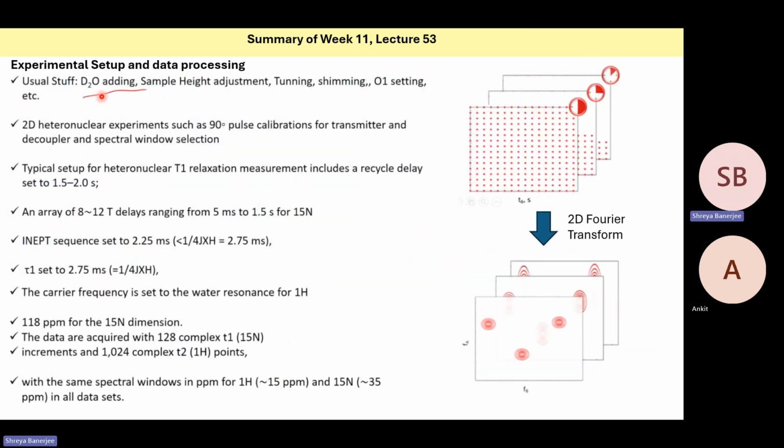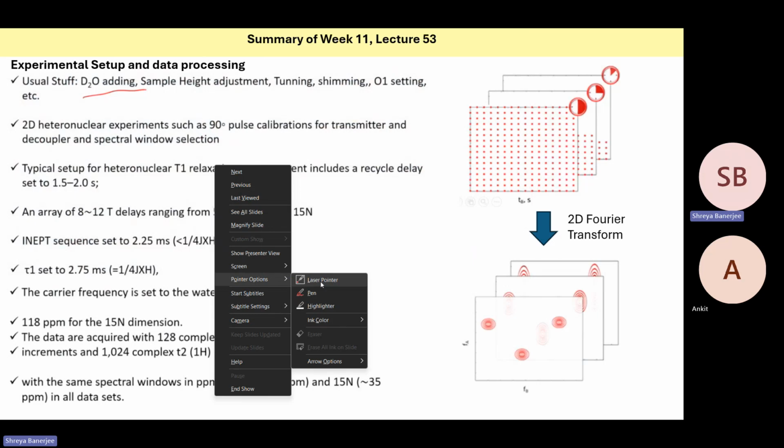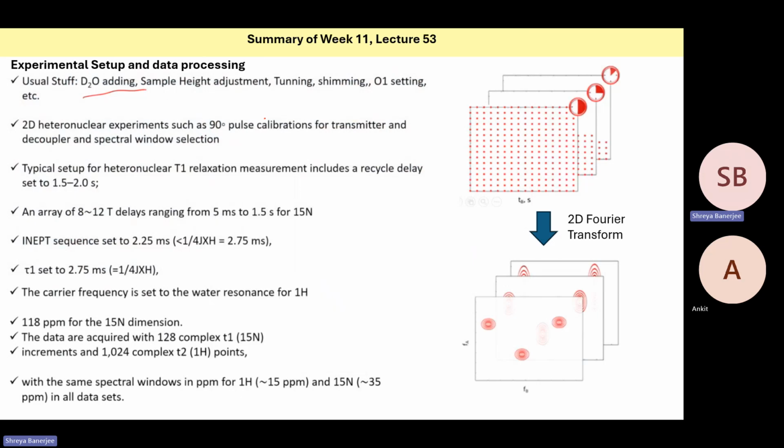Now there are several details, and these are just for your information. It's not like questions will come from here. So the experimental setup and data processing includes various things. Some things you can remember, I'll underline here, is that the typical setup for the heteronuclear T1 relaxation measurement includes a recycle delay of 1.5 to 2 seconds.